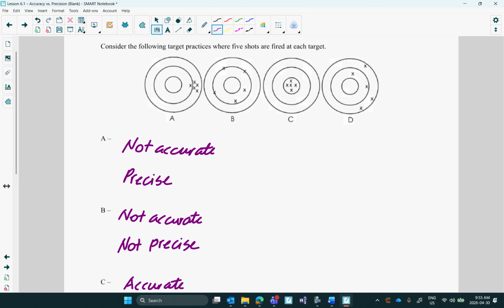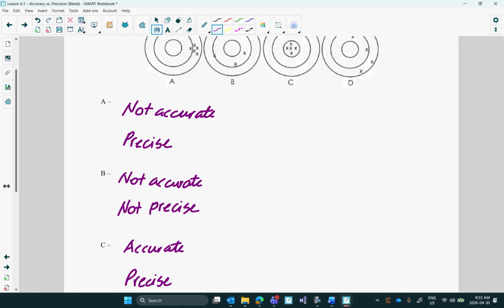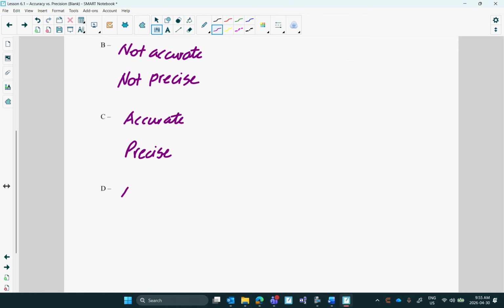Yeah, it would be very similar to B. Probably less accurate than B and about the same precision. Okay, but we could still say not accurate, not precise. Good. Right.